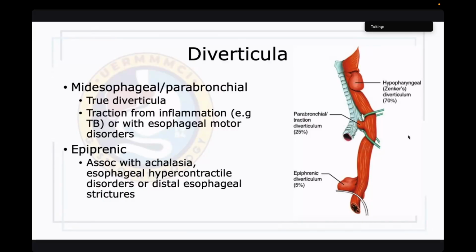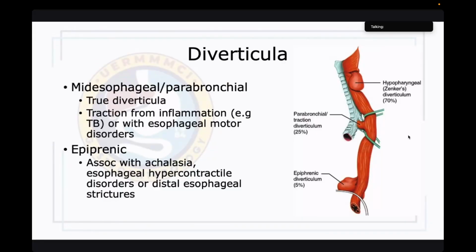Epiphrenic diverticula are often associated with achalasia, esophageal hypercontractile disorders, or distal esophageal stricture. Like the Zenker, mid-esophageal and epiphrenic diverticula are often asymptomatic until they become large enough to be able to retain food and cause symptoms like dysphagia and regurgitation.